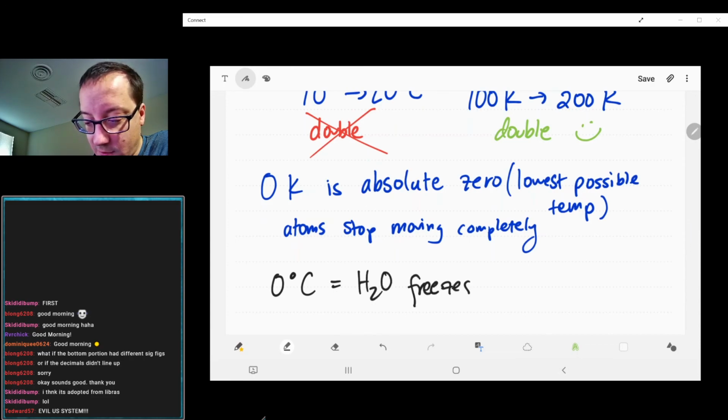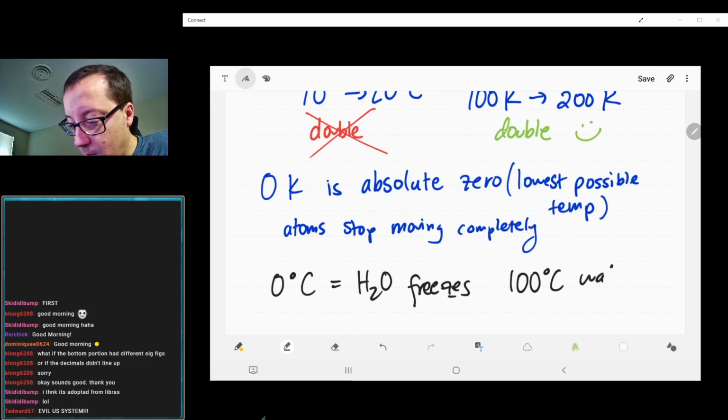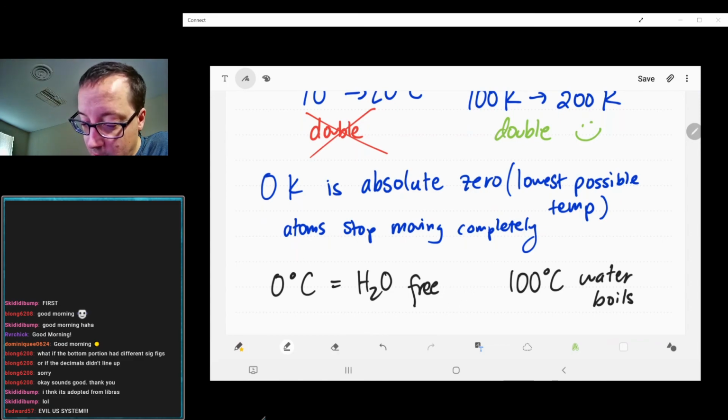That is what it is defined as. And then 100 degrees Celsius is water boiling. Both of these are at standard atmospheric conditions and so on. We're going to see that we can mess with these given different things, but let's not worry about that. So that's what Celsius is based on.